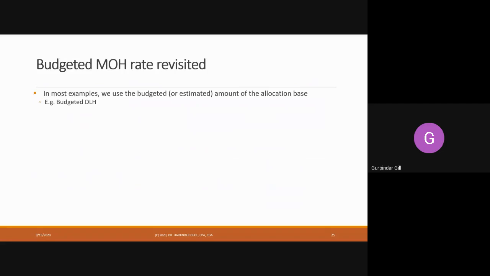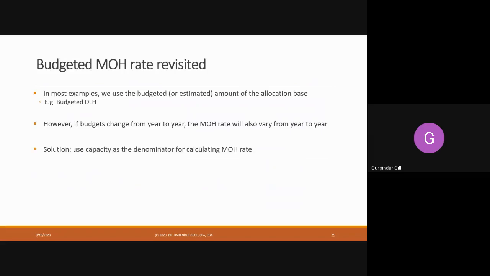Okay, so in most examples, we are using the budgeted or estimated amount of allocation basis, which is your budgeted direct labor hours. But if the budgets change from year to year, the MOH rate will also vary from one year to the other. So the solution to this is to use capacity as the denominator for calculating the manufacturing overhead rate.